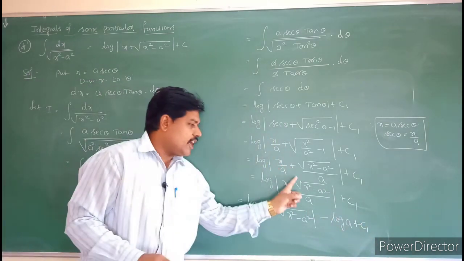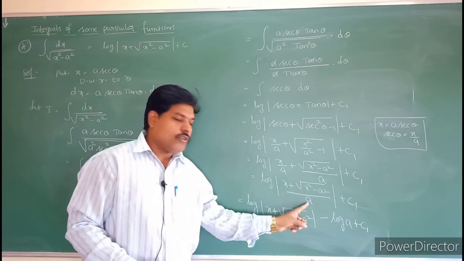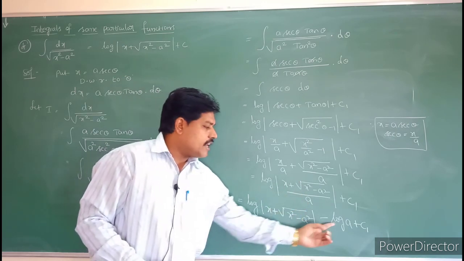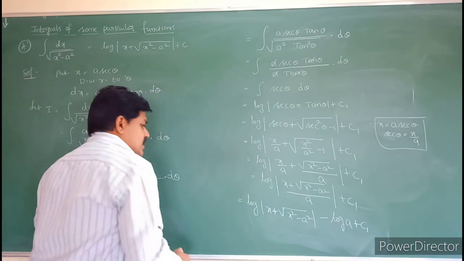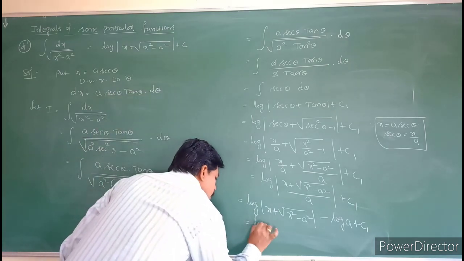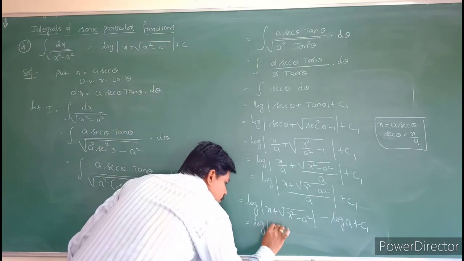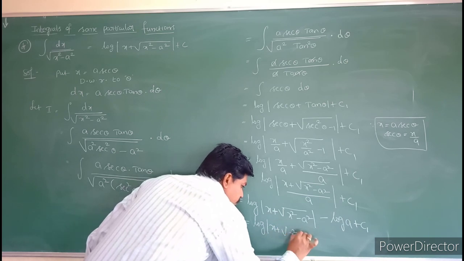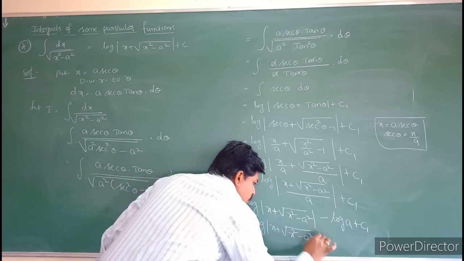So log of A by B you can write as log A minus log B, and this can be written as log of mod x plus root of x square minus A square.